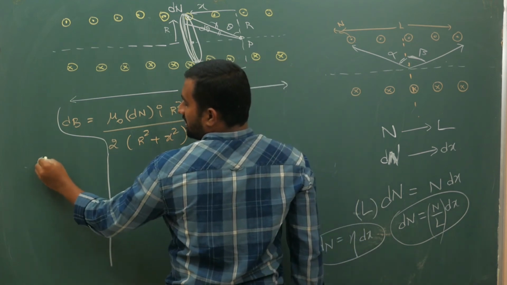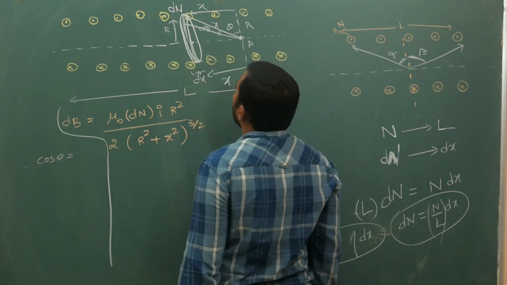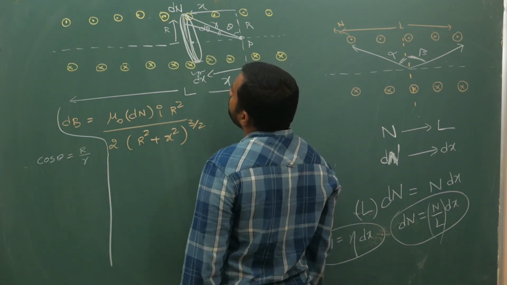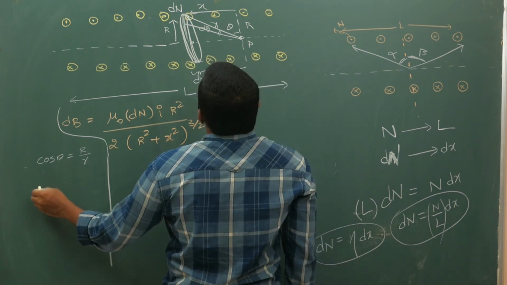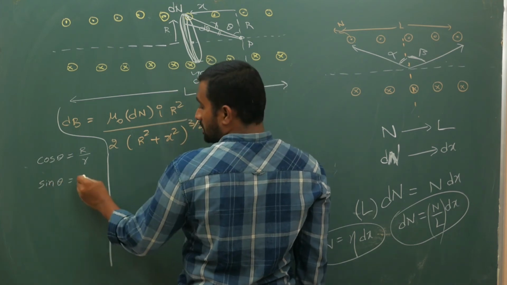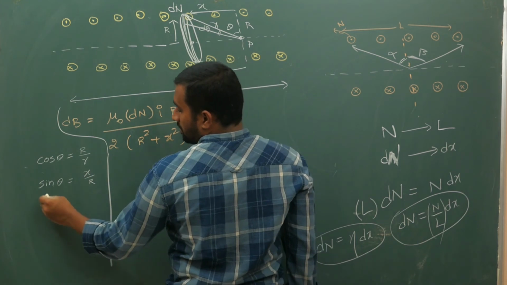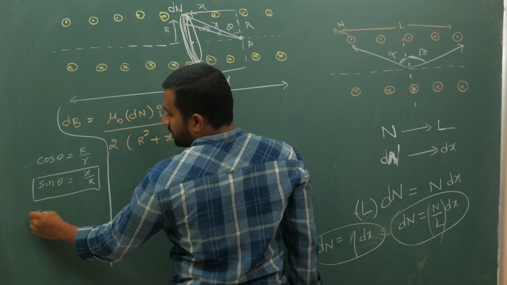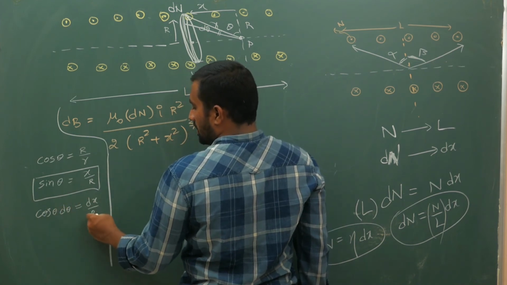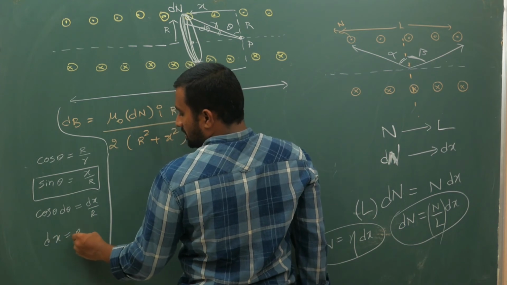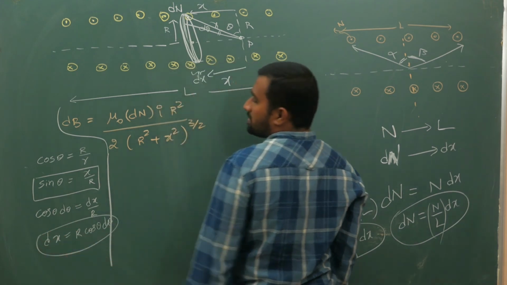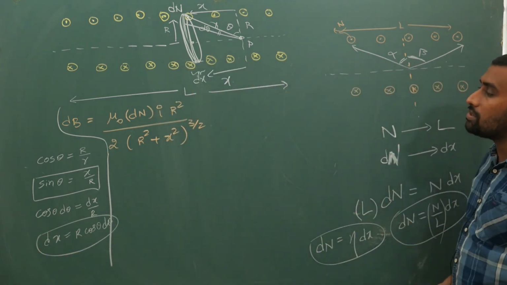So cos theta is adjacent side by hypotenuse, that is R by r, and sin theta is opposite side x by hypotenuse r. Now if you differentiate this expression, cos theta d theta is equal to dx by r. From here dx is equal to r cos theta d theta. Keep this expression aside.